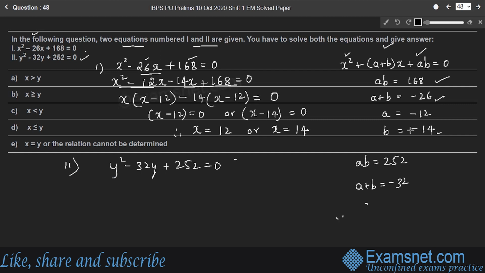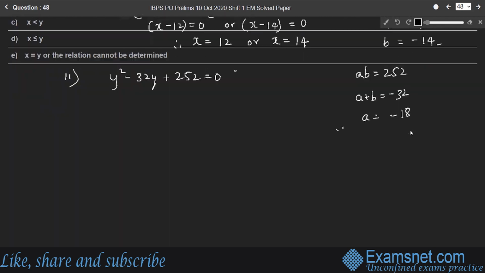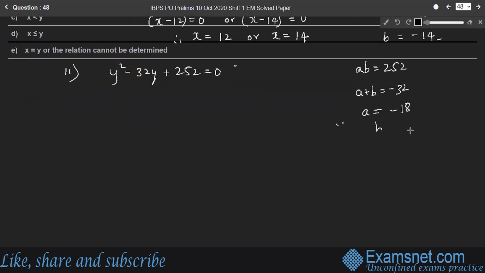Therefore, a is equal to minus 18, b is equal to minus 14. So that minus 18 into minus 14 will be plus 252 and minus 18 plus minus 14 becomes minus 32.